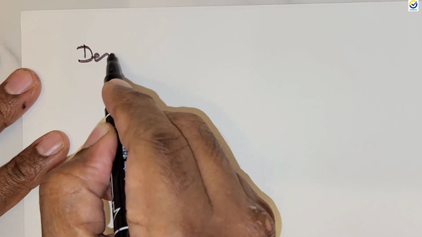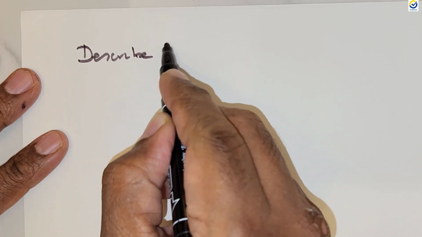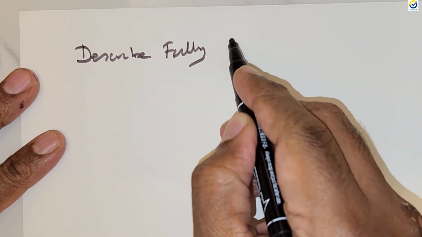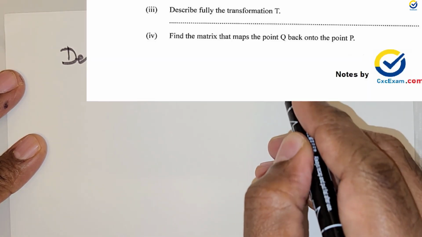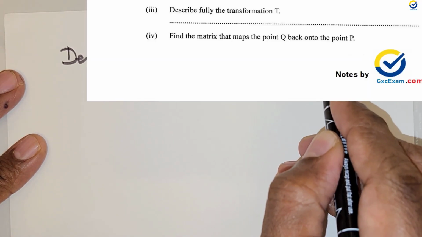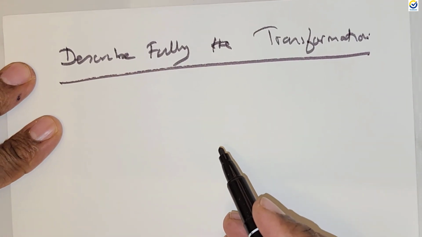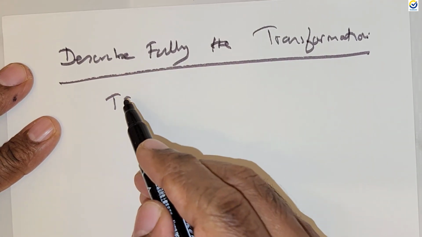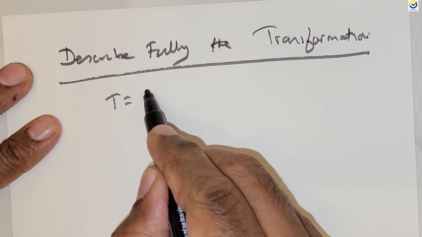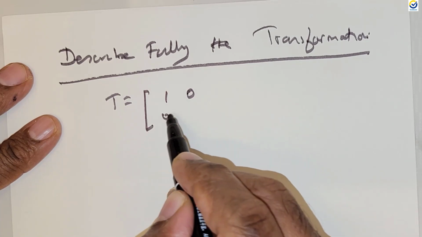Okay, so let's move on. Now this is the next question. Describe fully the transformation. So what is the transformation? This is the transformation that we have, [1 0; 0 -1].